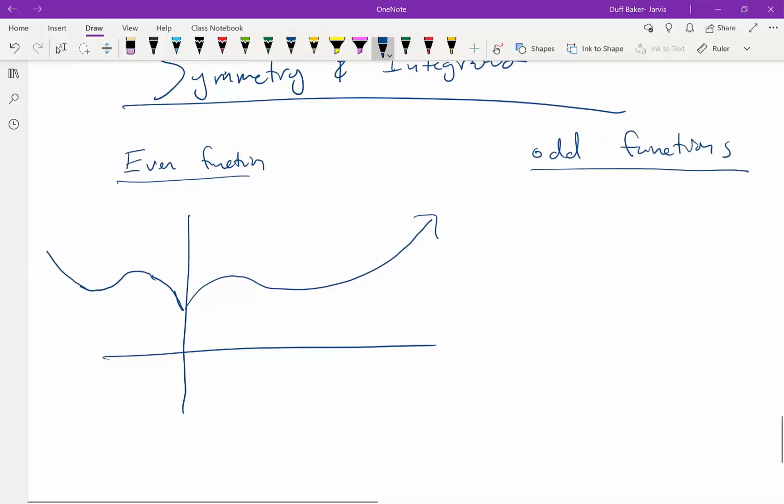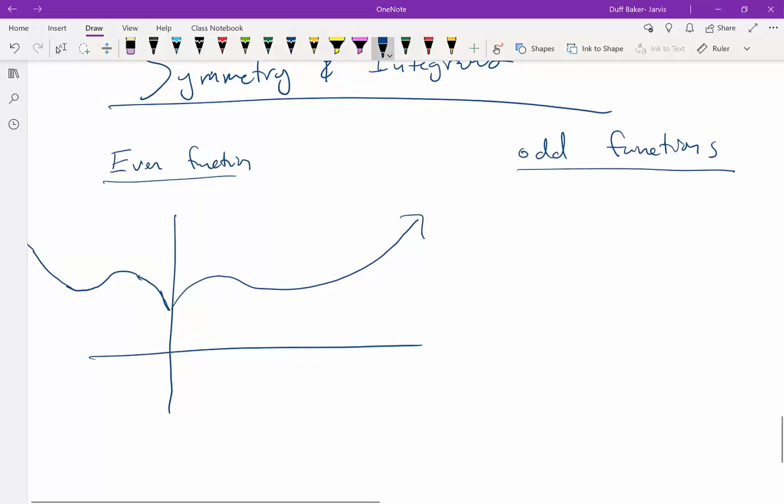It's got to be like if you fold it in half, it should match. The formula that says that is f of minus x is the same as f of x. If I plug an x value in here, that should be the same as plugging minus x in here. These two values should be the same if my picture was perfect.